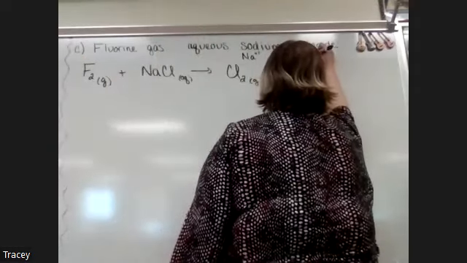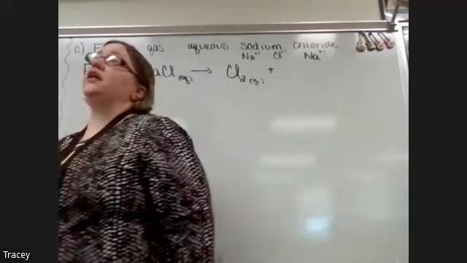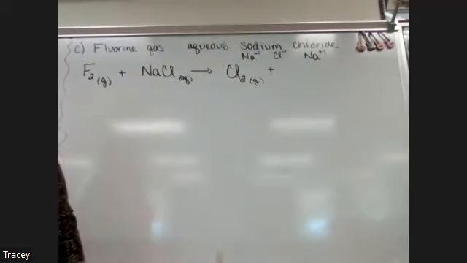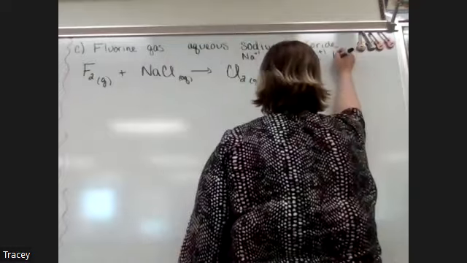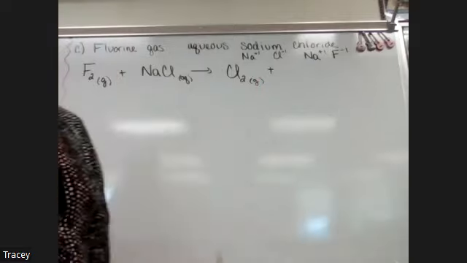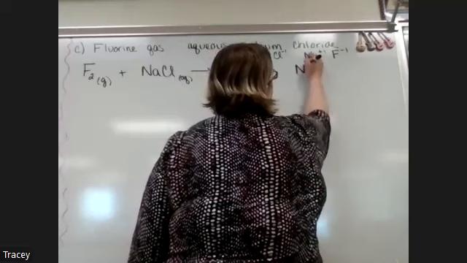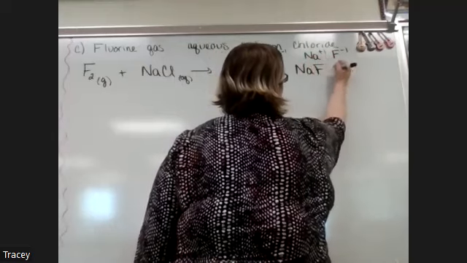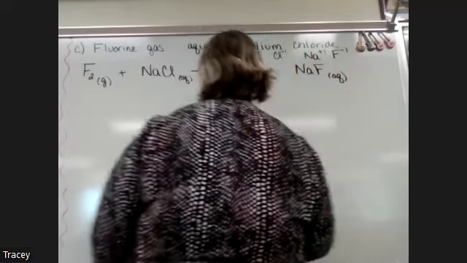So you have to work out your charges, Na +1. Now, it's not going to be NaF2 because we don't care about what subscripts were. We care about how charges balance. So it's not NaF2 because the charge of the Na is +1 and the fluoride ion is -1. So this sodium fluoride is just going to be NaF. It's going to be aqueous because it's a compound in a single replacement reaction.